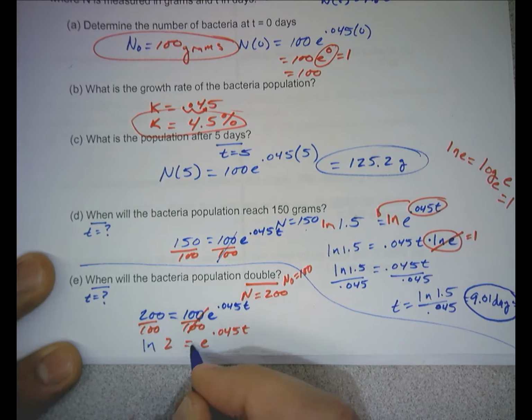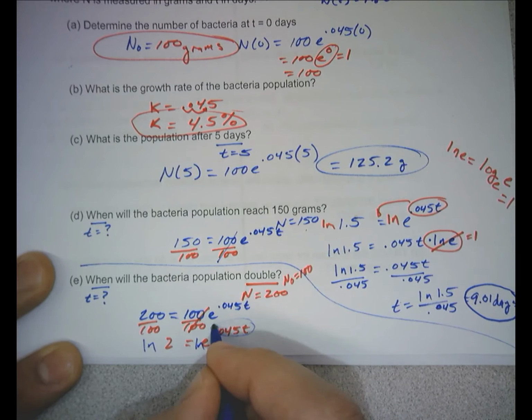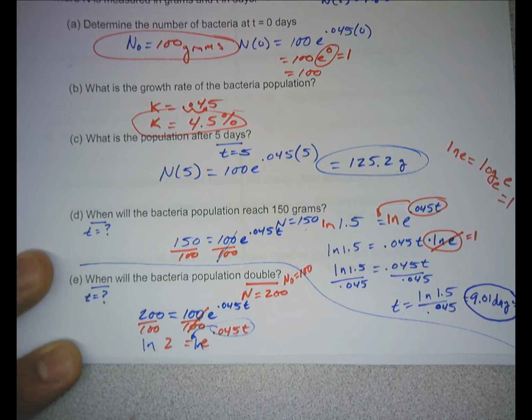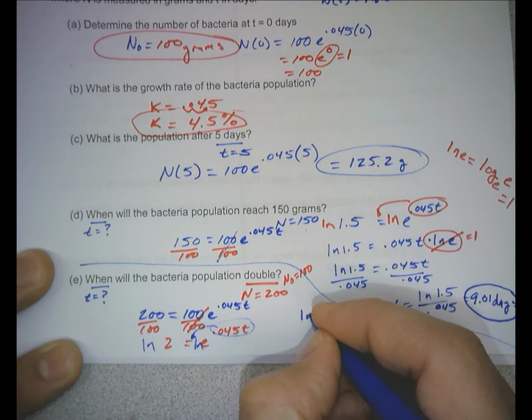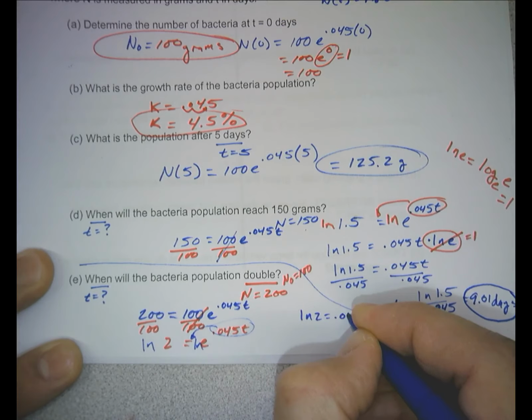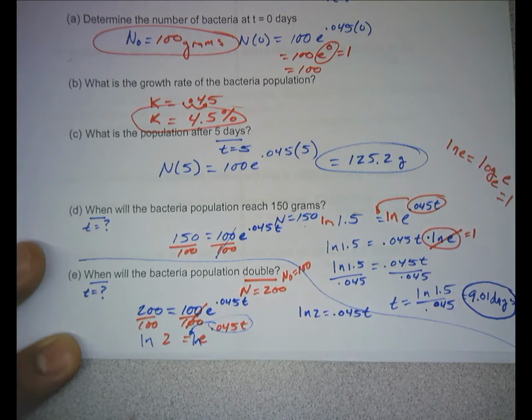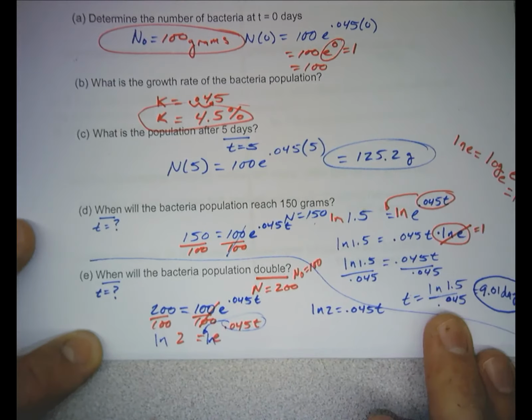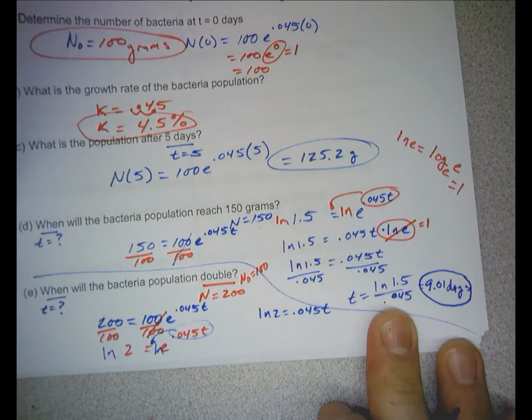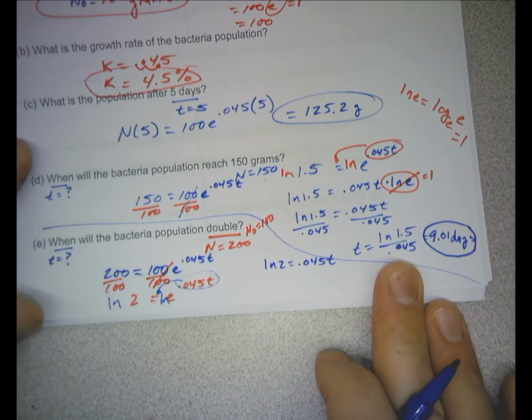Again, this is where we natural log both sides, so we can bring this guy down. I've got the natural log of 2 equals 0.045t. Natural log of e, if you include it, that's fine. If you divide it over, that's fine. But natural log of e is 1. You don't need it anymore.